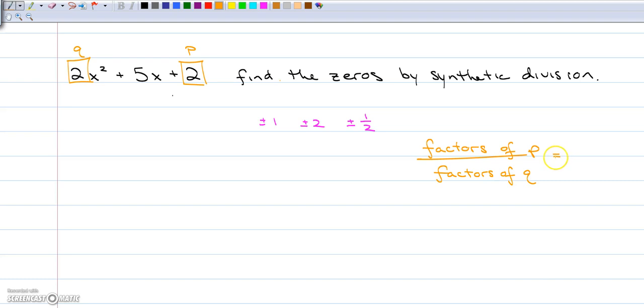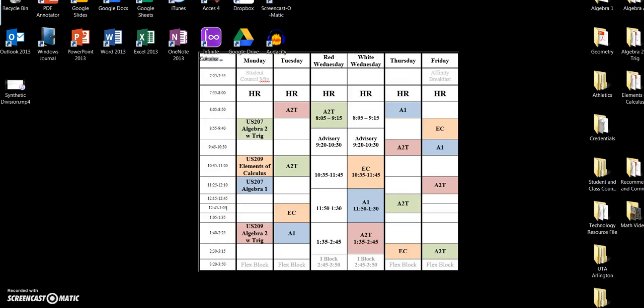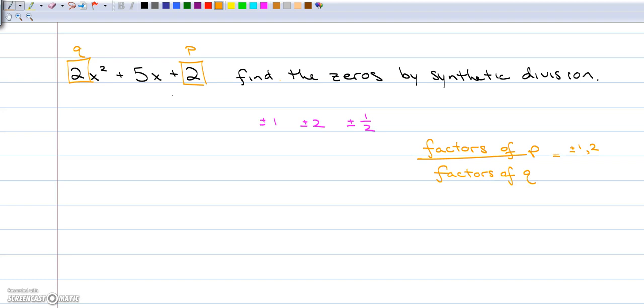The possibilities for factors of P were 1 and 2, positive or negative. The factors of that other part of the fraction, it could have been +1 or +2. So these are the only things that it makes sense for me to try in the synthetic division process.